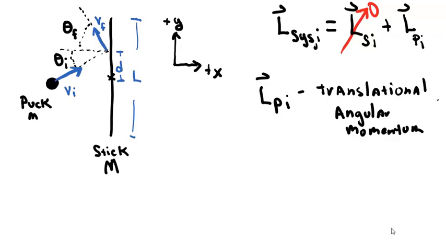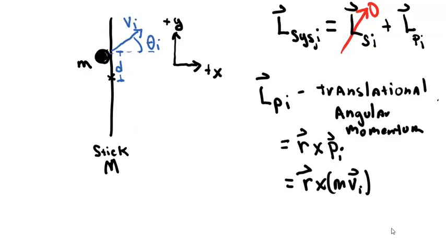In this example, we'll assume the puck is so compact that it's effectively a point particle and therefore has no rotational angular momentum. Now, to compute the puck's initial translational angular momentum, we'll do this by visualizing the situation just before the collision, as we show here, and taking the cross product of the puck's position vector with its momentum vector.